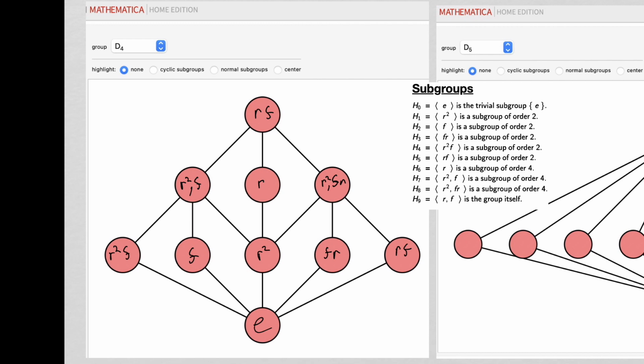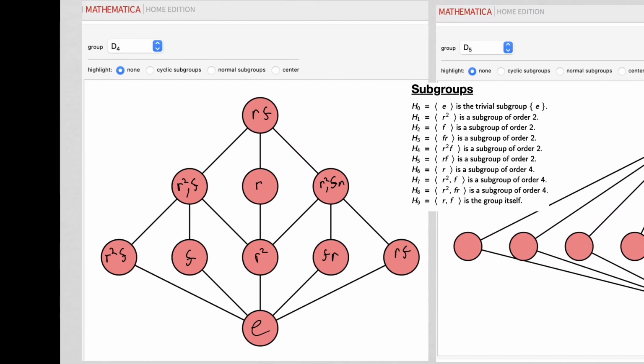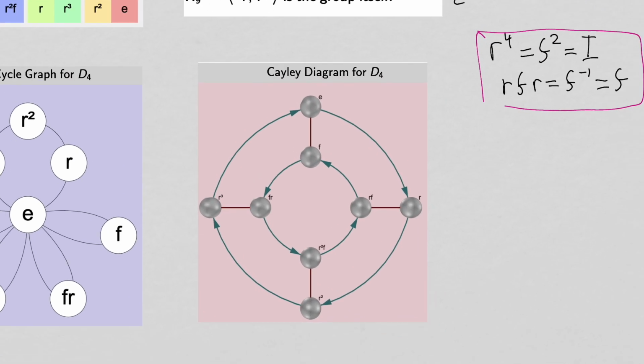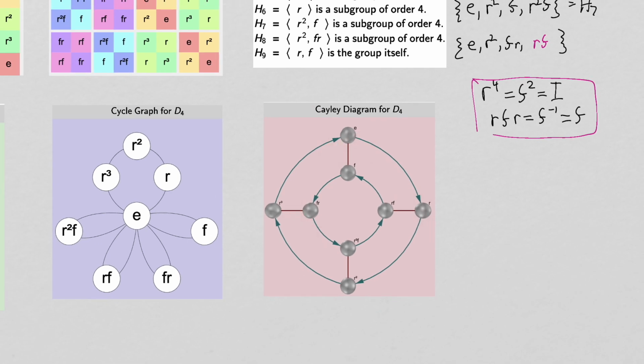And I think that's probably a good idea because the reason that's good for teaching is because the Cayley diagram talks about the group actions. If you start at the identity and you multiply on the right by R, you get to the element R. You multiply again, you get to R squared. This actually sets you up for understanding group actions, which is how these actions can happen on other sets.